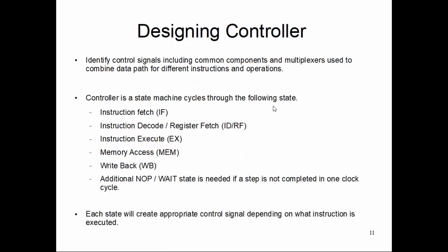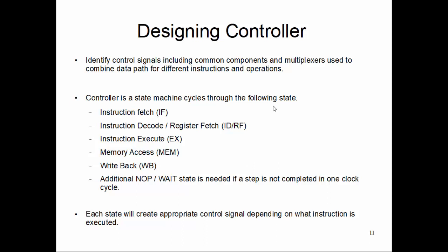Designing the controller means identifying the control signals, including those for the common components and for the multiplexers that may have been placed to arbitrate the data source conflict for a given component, for different instructions and operations.